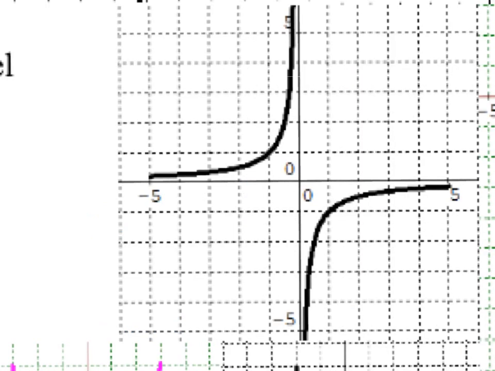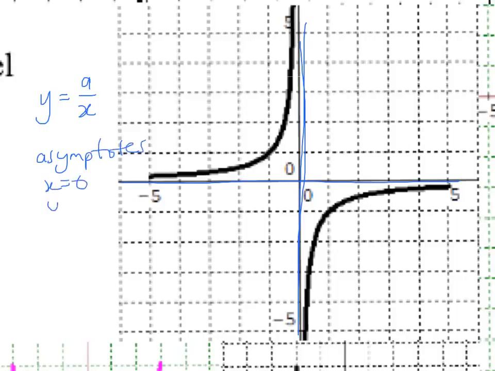Now let's look at our, here we have a negative hyperbola. You can see it's in the other quadrants. So this is going to be y equals a over x as our general formula, and we know that our asymptotes again are at x equals 0 and y equals 0. So we can mention our asymptotes, x equals 0, y equals 0.